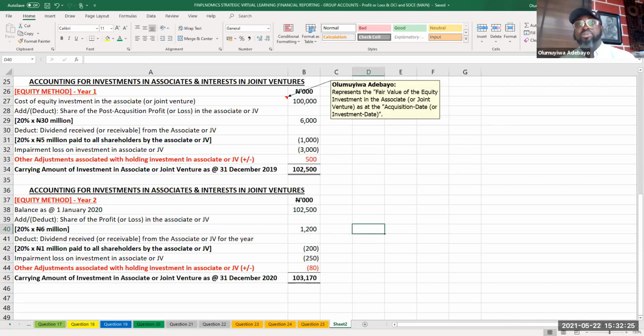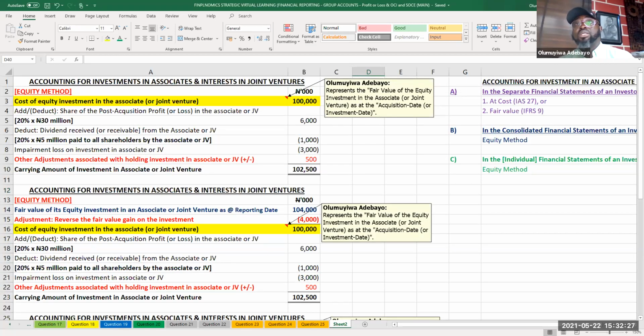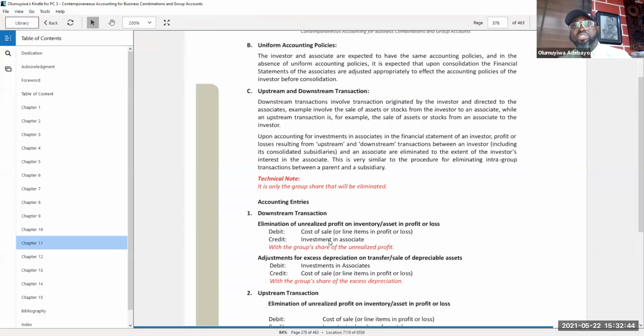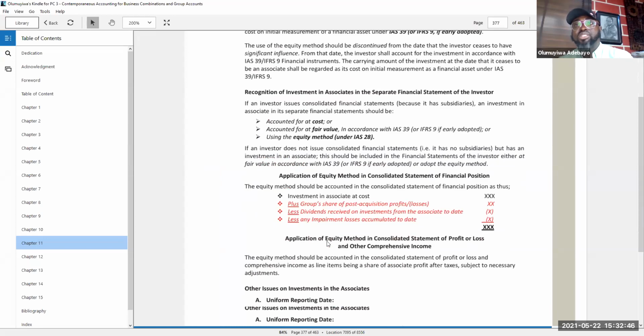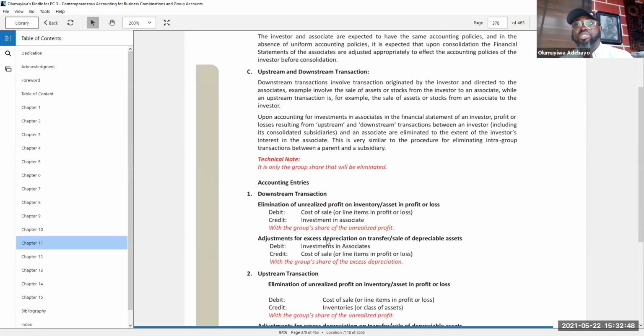Now let's look at practical illustrations. Before the practical illustration, let me show you, and I'll come back to some critical discussions there.